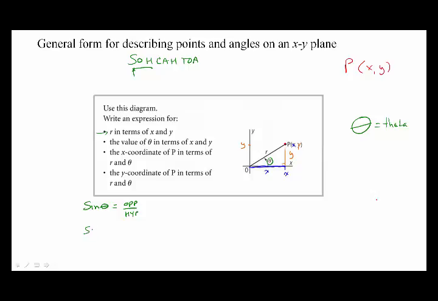So the sine of the angle is equal to, well, what do we have as the opposite? Y over, and what's our hypotenuse? R. Only that told us what the sine of the angle is. How do I find the angle?